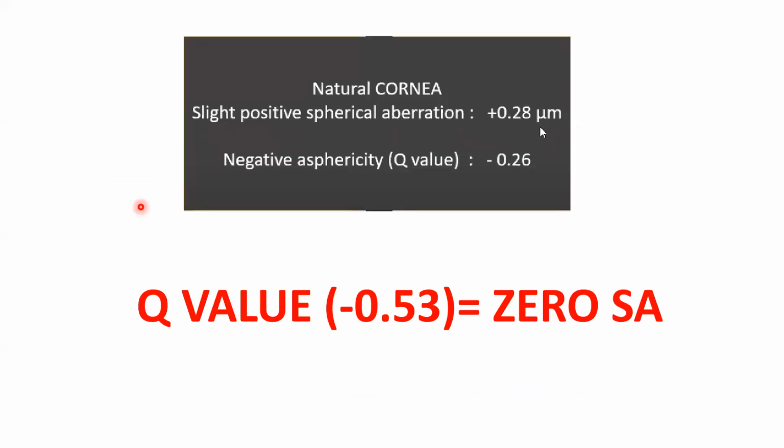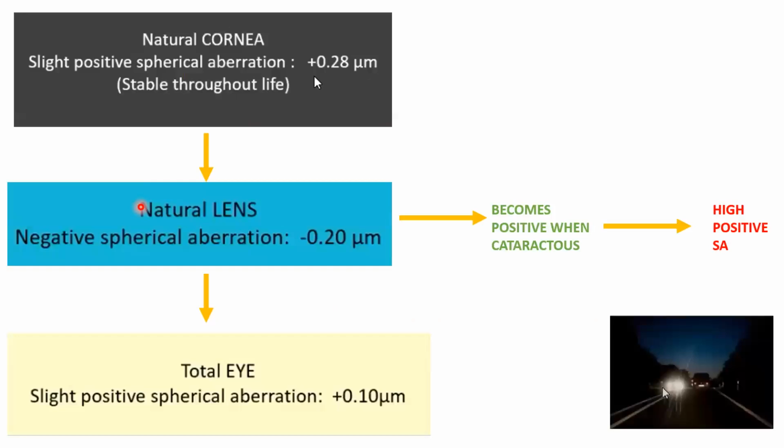A natural cornea has a positive spherical aberration of 0.28 and a negative asphericity of minus 0.26. At a certain Q value of minus 0.53, the patient's cornea is said to have zero spherical aberration.